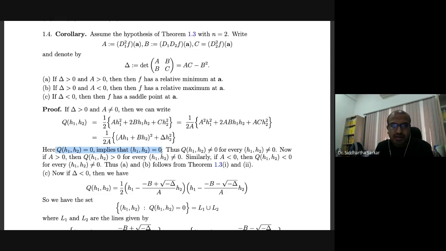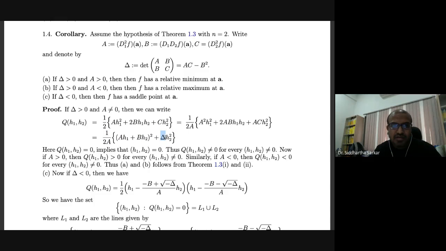So I can just focus on all points where (h1, h2) is non-zero, then definitely the quadratic form is not going to vanish. And then if my A is positive, then you see that in this particular term, what I have written down, this Q(h1, h2) is positive for every non-zero (h1, h2). Because no matter what happens, my A is positive, my delta is also positive.